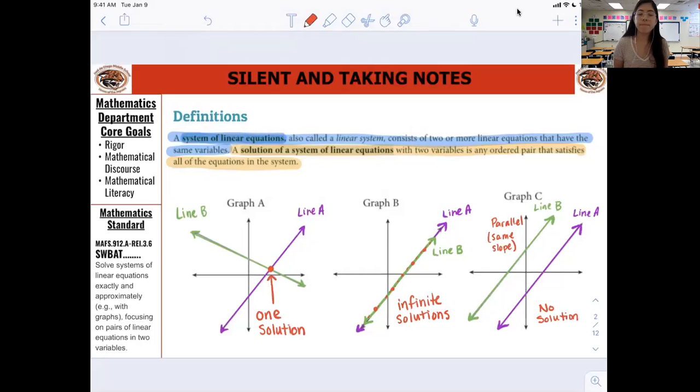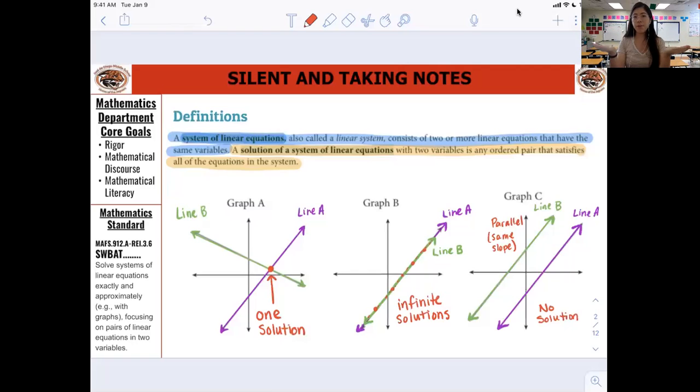How would we know that we're dealing with an infinite solution? Good question. We are going to see an example today, and we will see an example every day this week, so you'll have a much clearer idea at the end of the day. But think about this. Since it's one line right on top of the other, what do you think the equations of line A and line B are going to look like?